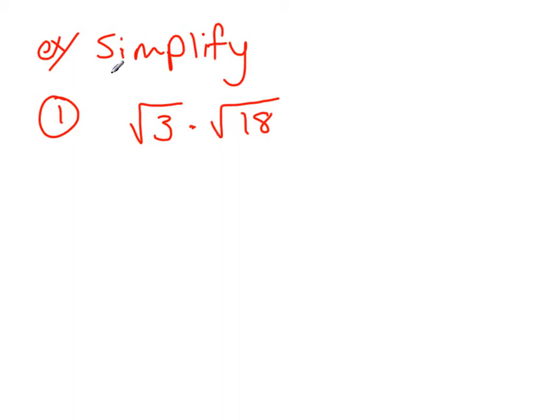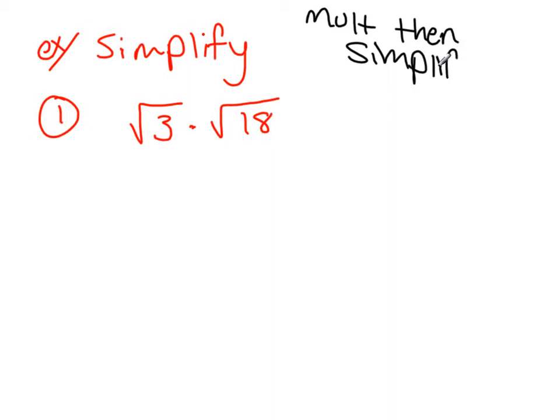I use the word simplify in our directions just to say have at it. Sometimes you might see the directions where they say multiply, then simplify. This is them trying to help you, believe it or not. They're asking you to multiply first because it'll be easier. So that's what we're going to do.